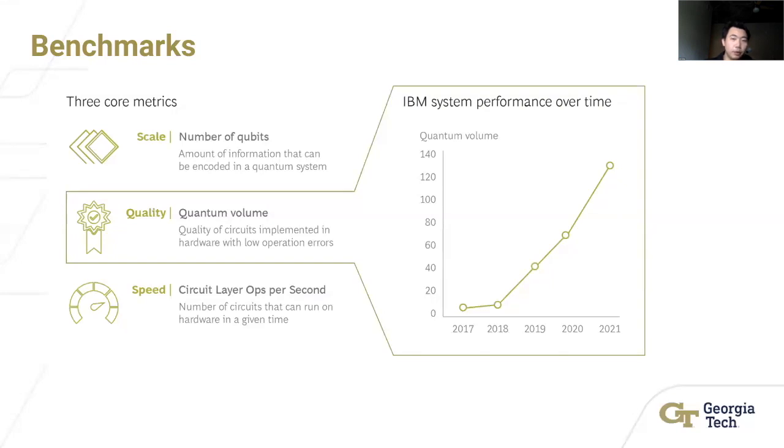So quantum volume is basically telling you how well we can run circuits on hardware, and people have been continuously pushing this metric upwards. And there's a new metric recently proposed, I think this year. It's called CLOPS, circuit layer operations per second. So it's talking about how fast you can run quantum operations on this hardware.